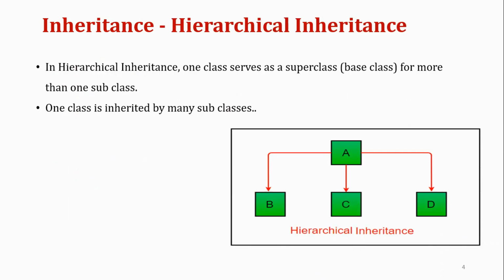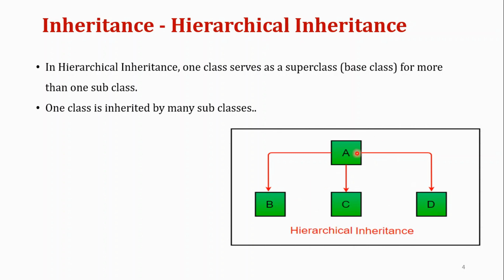Coming to hierarchical inheritance, one class is acting as a base class for more than one subclass. For example, for all these three derived classes B, C, D, there is only one base class, class A. Class A acts as an apex for all the B, C, D classes.